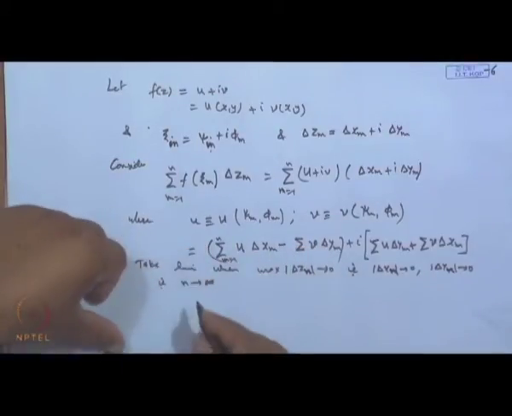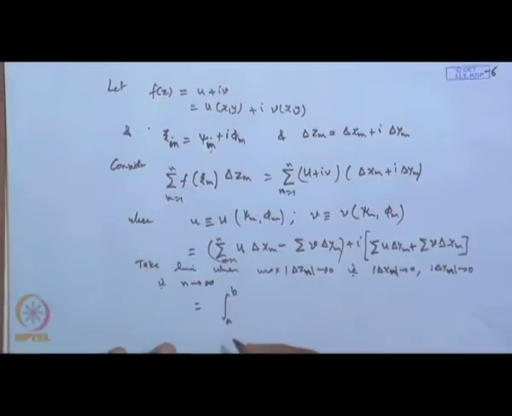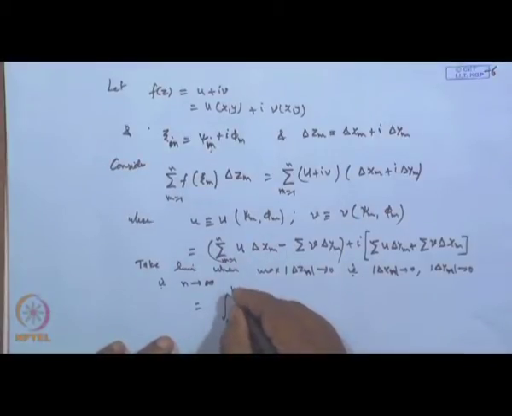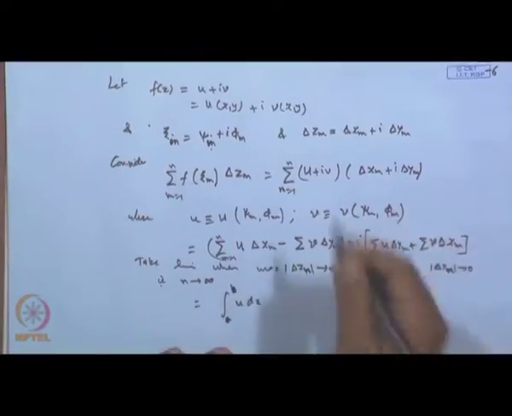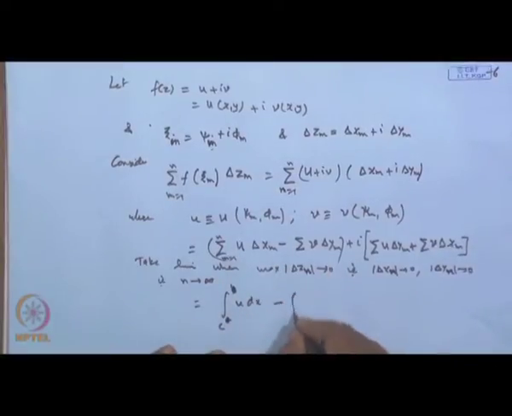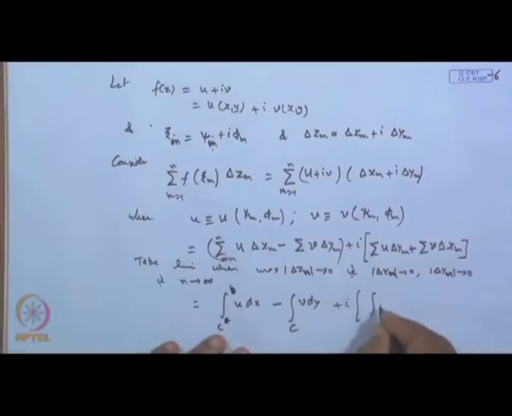So, it will give the integral of u dx, and this integral is taken over the curve C. Similarly, we get the integral of v dy along the path C, and then i times the integral of u dy along C plus the integral of v dx along C.